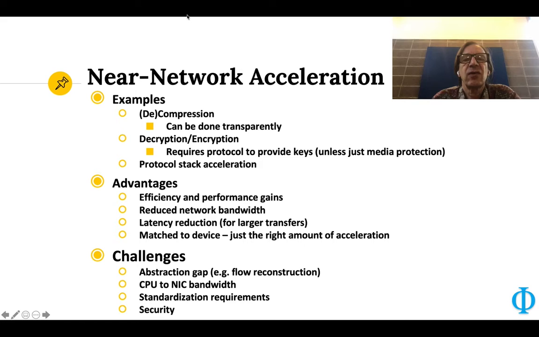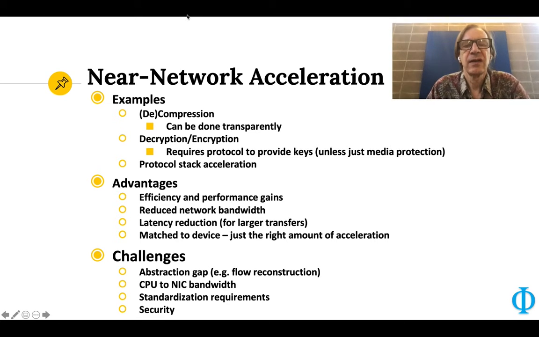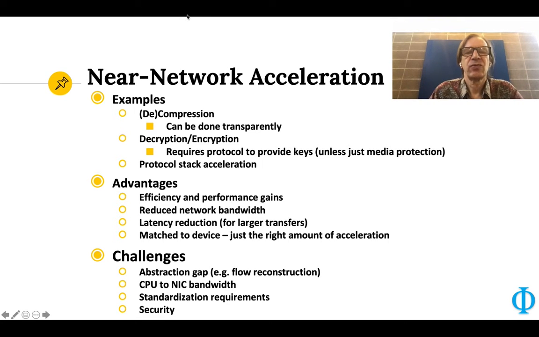Some of the advantages of integrating an accelerator in this place are efficiency and performance gains, such as reduced network bandwidth, and a potential latency reduction that might seem a little bit counterintuitive, but if you are bandwidth limited, then compression can actually lead to a latency reduction if you consider the amount of time that the entire file or record takes to be transferred.